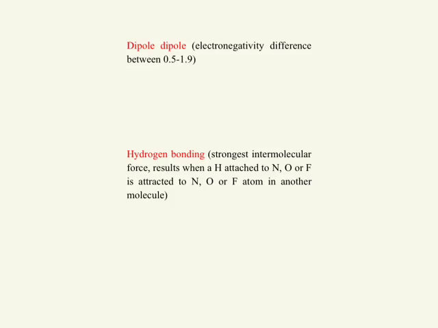The second one is dipole-dipole interaction. If you look at, for example, this molecule, this is formaldehyde. This is a polar molecule. Why? Because the carbon-oxygen electronegativity difference is more than 0.5. So there is a dipole. These electrons are more towards oxygen, and because of that, carbon has a partial positive charge and oxygen has a partial negative charge.